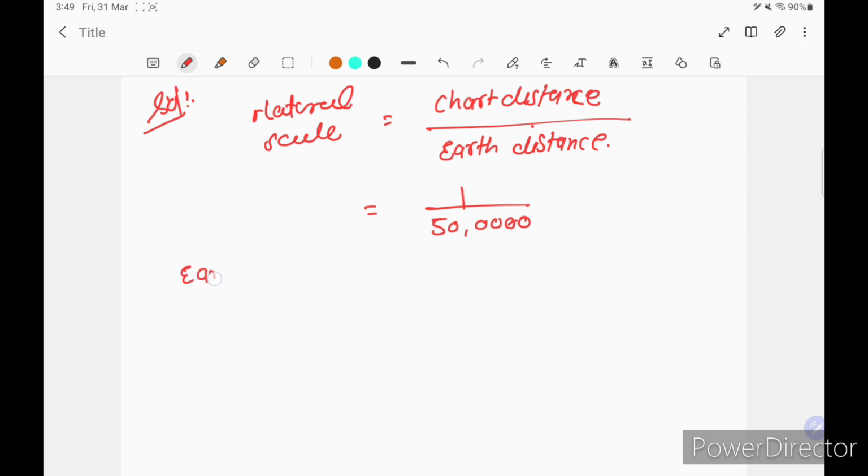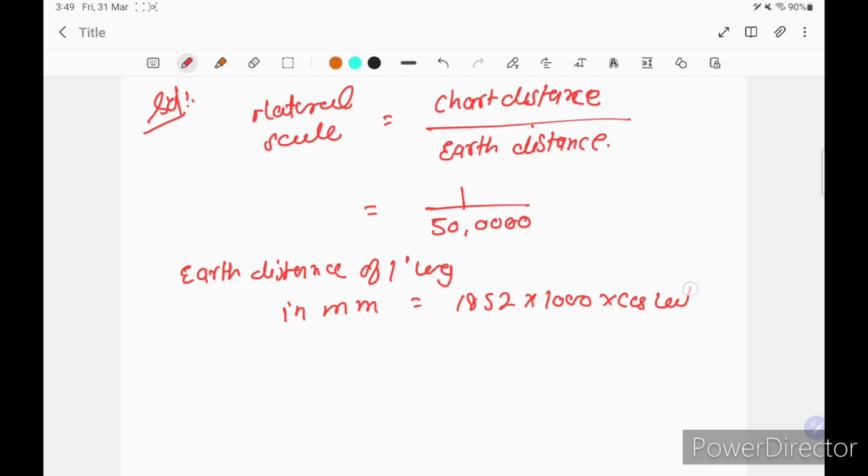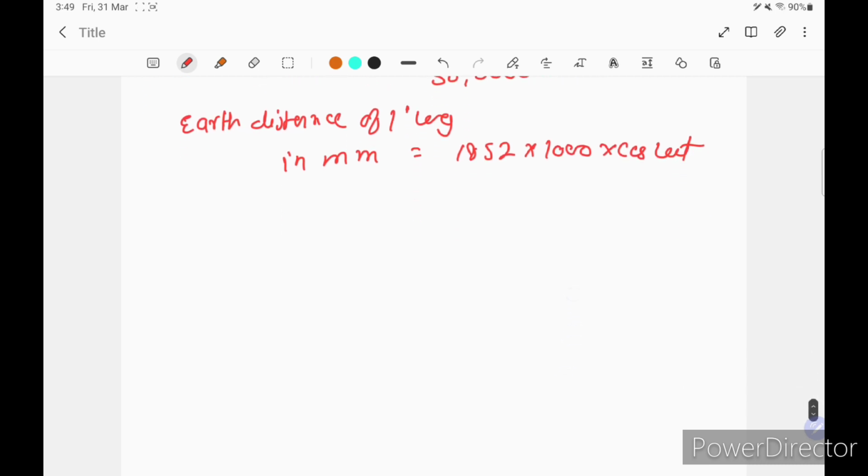Okay, now earth distance of 1 minute longitude in mm is equal to 1852 into 1000 into cos latitude. This formula we already know. Okay, and what is the chart distance?